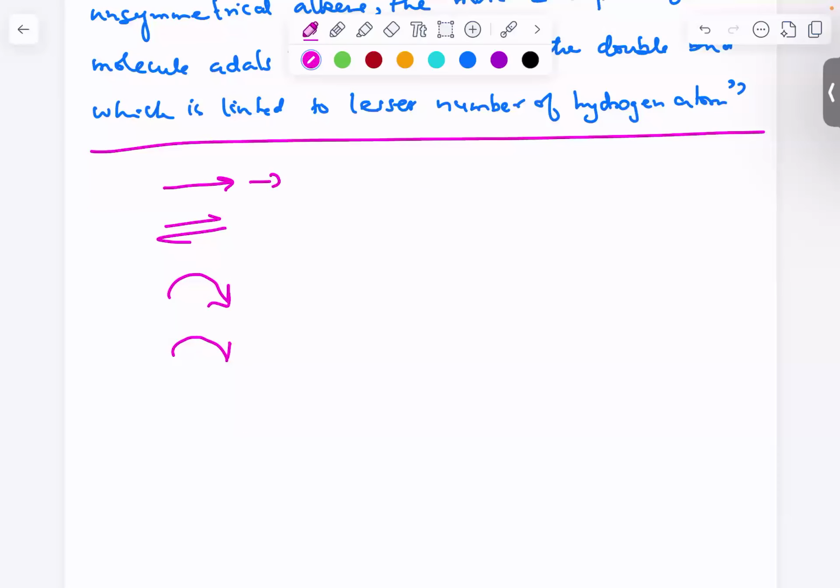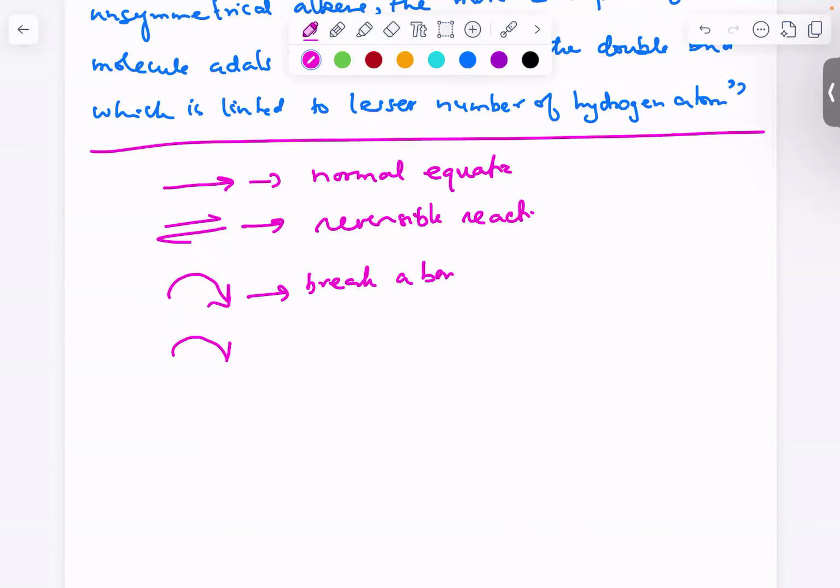This first one is for the normal equation, this is for the reversible reaction. This is when you want to break a bond due to polarity. And this one is meant only for homolytic fission in the presence of UV.